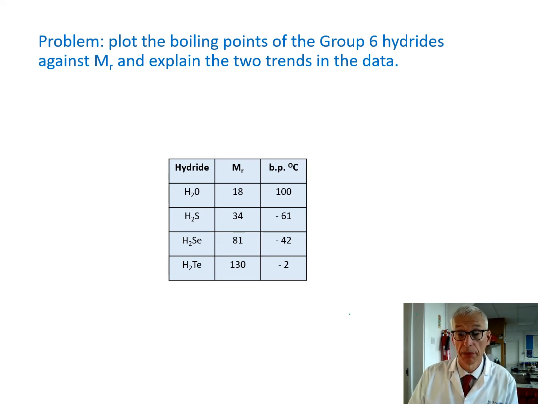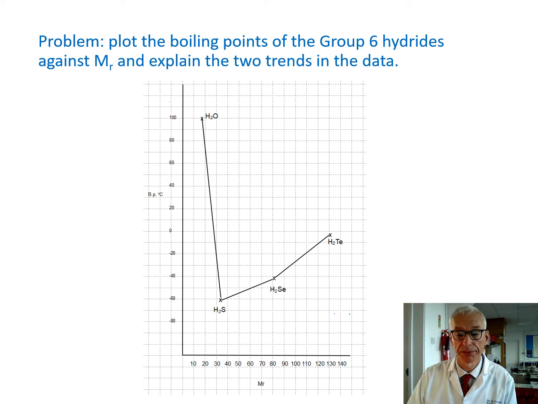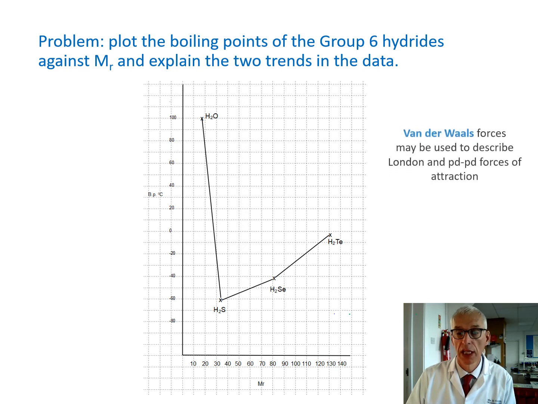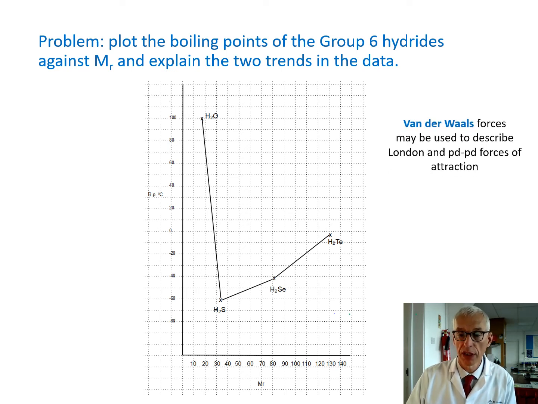So my plot looks like this, and I'm going to use in my explanation the term van der Waals forces, which is a useful term because it just lumps together London and permanent dipole forces of attraction.